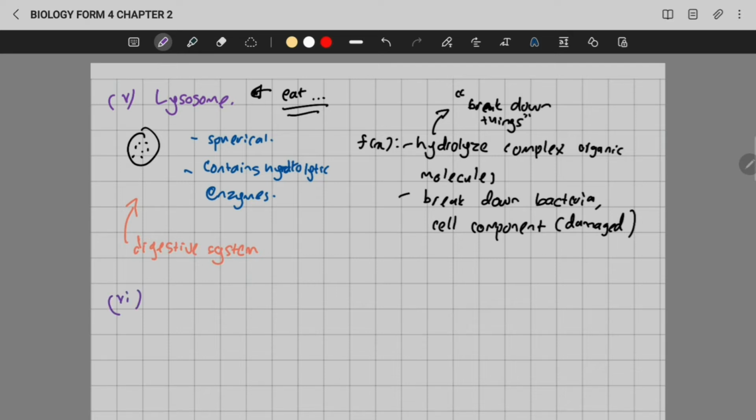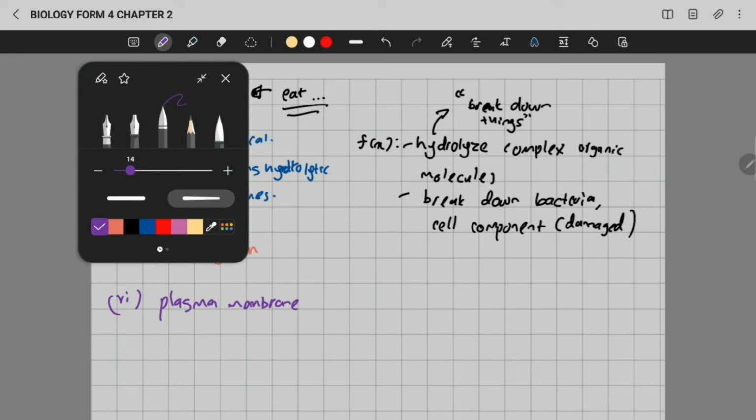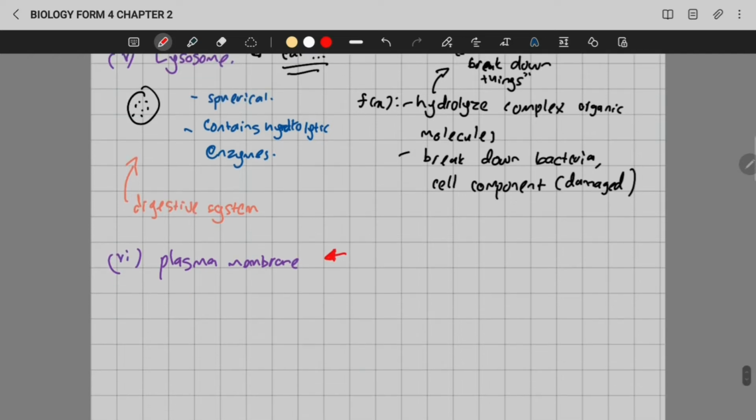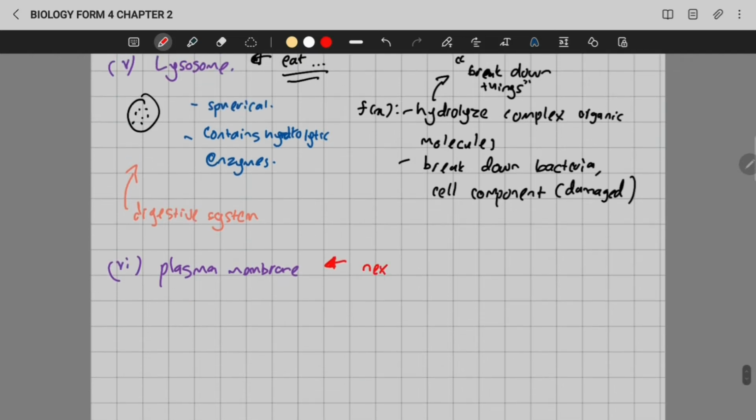Later, then we have the plasma membrane. You will learn this more deeply in the next two chapters, in which you must master the plasma membrane. You will learn the details about the plasma membrane itself.